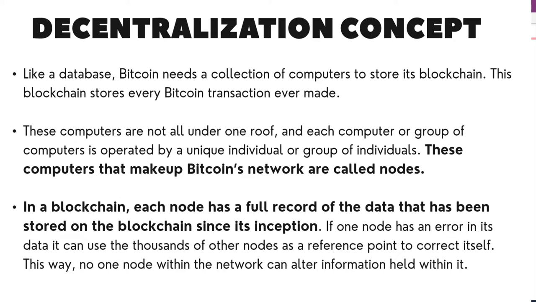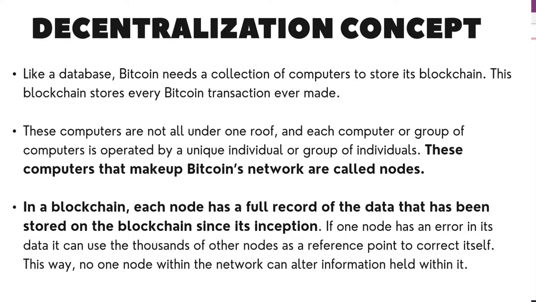Now, we wanted to understand how this decentralization concept comes into a blockchain, because normally databases are owned by companies or computers that are housed in a certain environment, maybe in a server room. There's a building with a bunch of computers, and you have your servers and database software running.